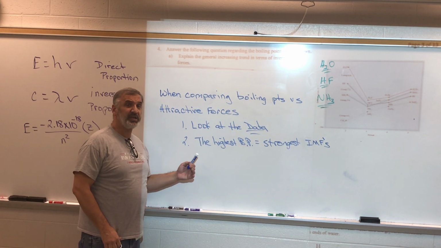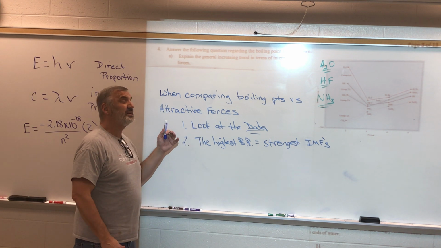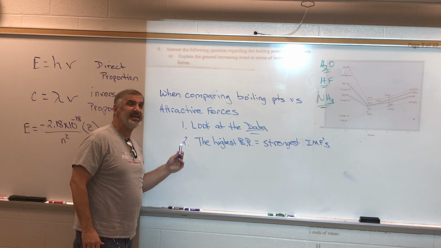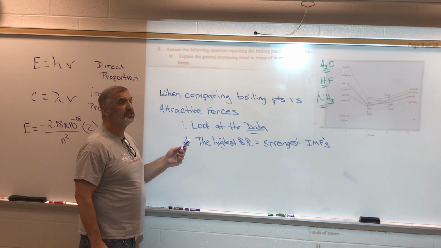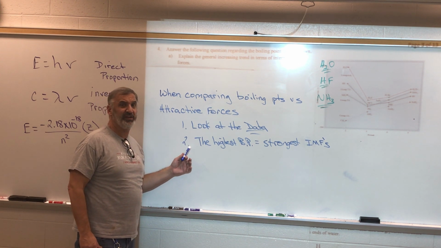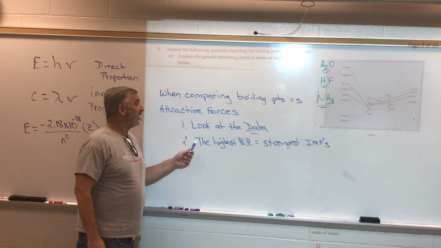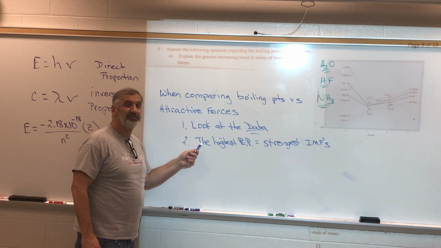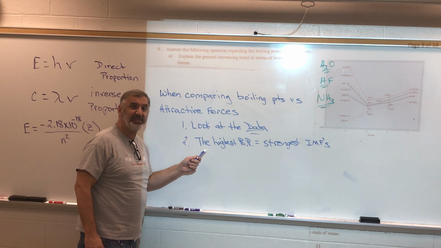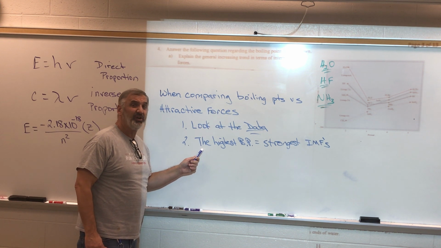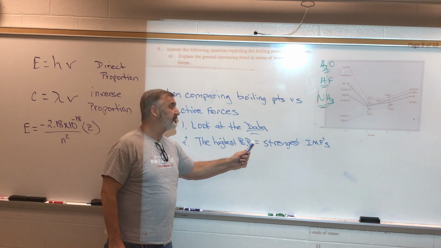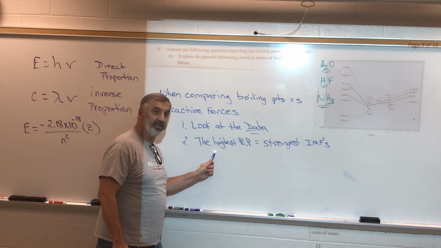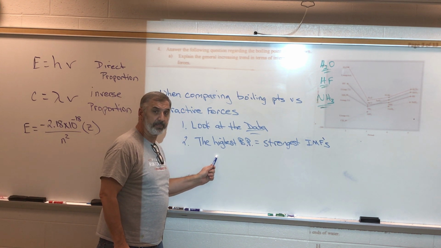However, sometimes they give you an example of a big nonpolar molecule whose LDFs are strong compared to a small polar molecule that might even have hydrogen bonds. If the boiling point of the nonpolar is higher, that means that the LDFs of that one are stronger than the combined IMFs of the smaller one. Whichever one has the highest boiling point has the strongest IMFs.